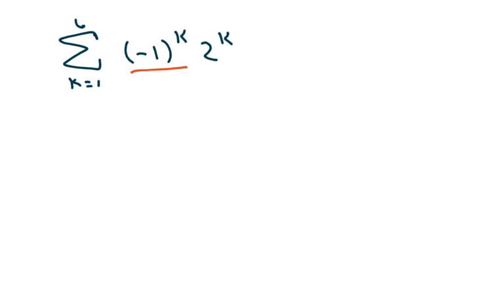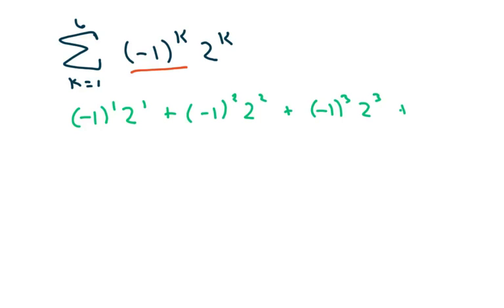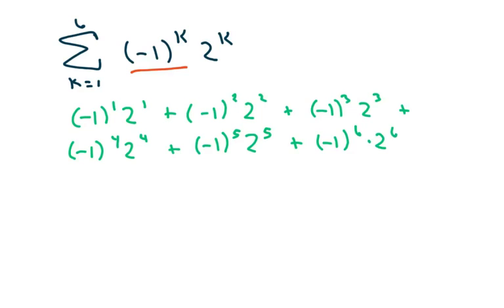So we're going to write negative 1 to the first power times 2 to the first power, plus negative 1 to the second power times 2 squared, plus negative 1 cubed times 2 cubed, plus negative 1 to the fourth times 2 to the fourth, plus negative 1 to the fifth times 2 to the fifth, plus negative 1 to the sixth times 2 to the sixth.